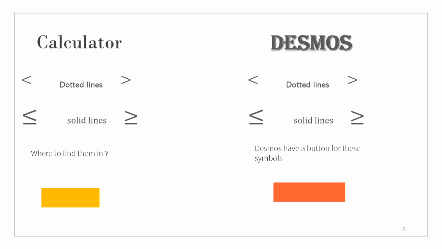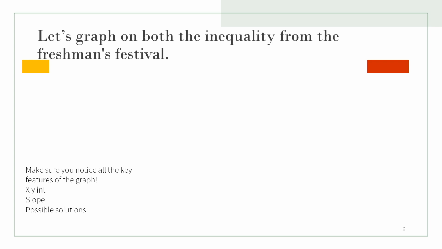All right. It says, let's graph on both of these about the freshman festival. Okay, so let's review some of that. I had 25x plus 5y is less than or equal to 750.